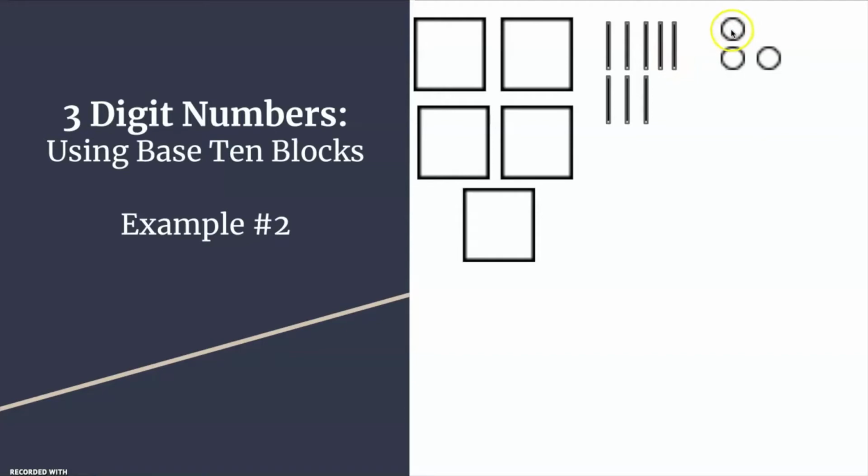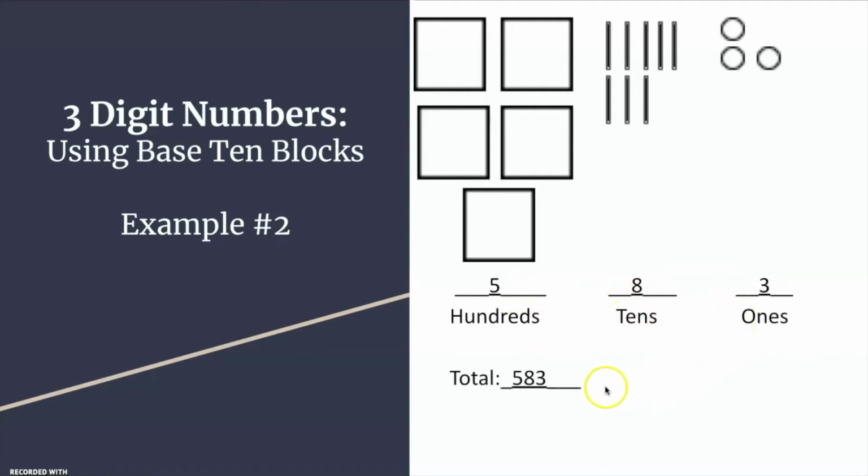And then we have 1, 2, 3 circles, so 3 ones. All right, so we got 5, right? And we got 8 and 3. So 5 hundreds, 8 tens, and 3 ones. So when we add those all up, our total would be 583. That's what you're seeing right here. That's what that's representing.